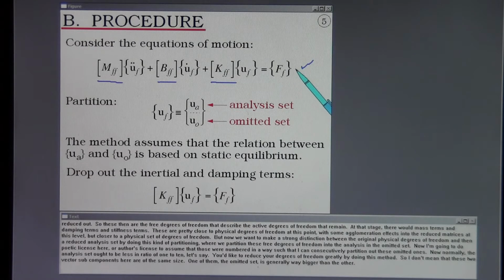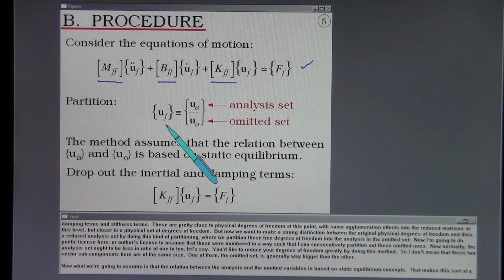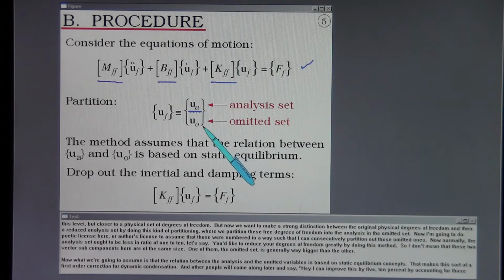But now we want to make a strong distinction between the original physical degrees of freedom and a reduced analysis set by doing this kind of partitioning, where we partition these free degrees of freedom into the analysis and the omitted set. Now I'm going to take poetic license here, or author's license, to assume that those were numbered in a way such that I can consecutively partition out these omitted ones.